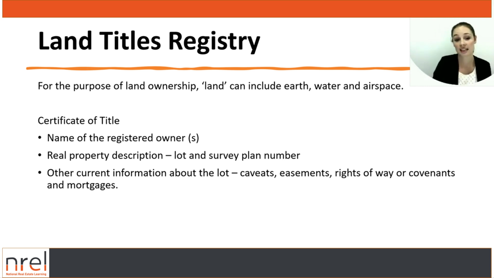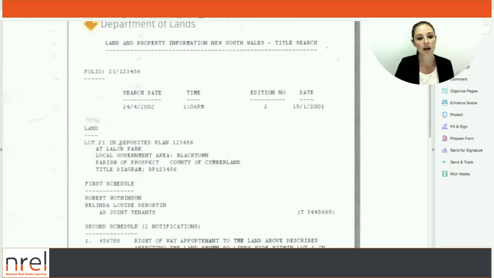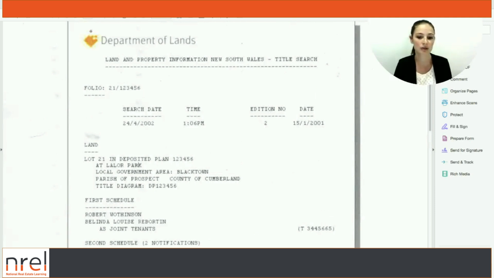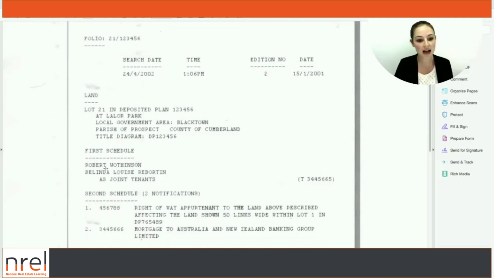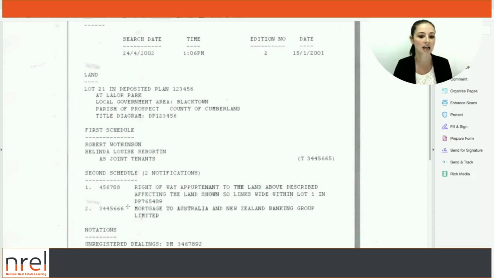So let's have a look at an example of a title search now. Okay, so you have the land, lot 21 and deposited plan numbers. This is obviously a fake title search, but they'll look very similar to this. Local government area and the parish. You have the name of the owners here and how they have purchased, so joint tenants, so that would be 50-50 shares, undivided.